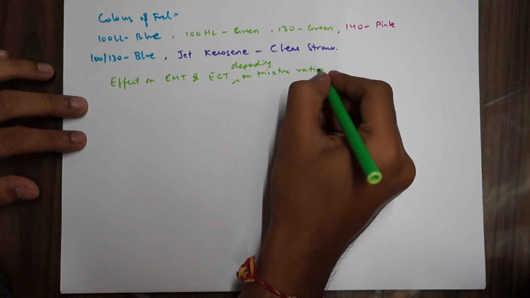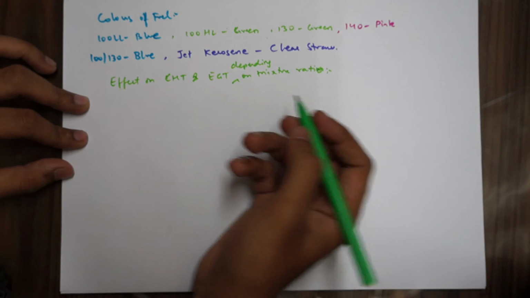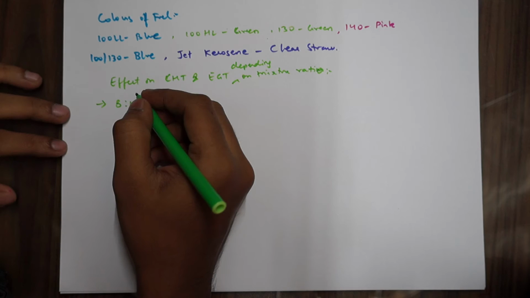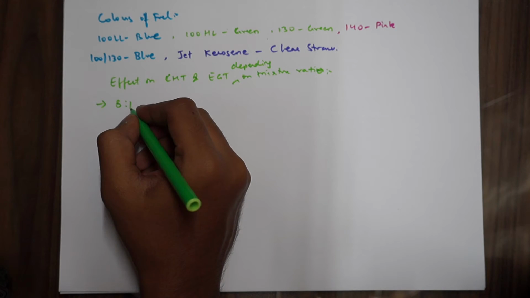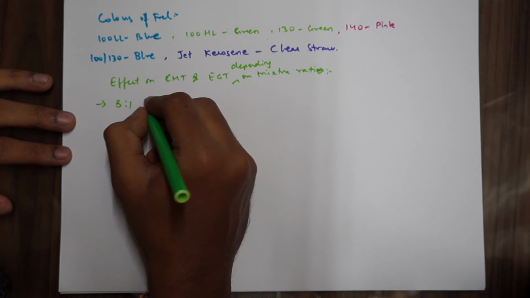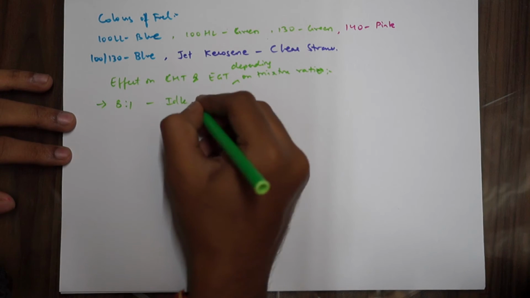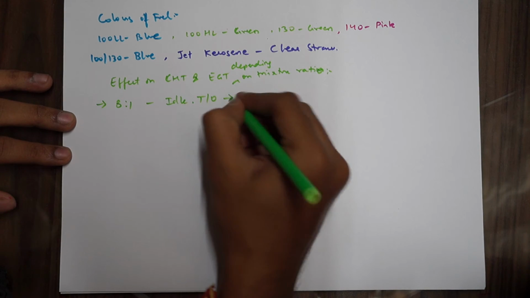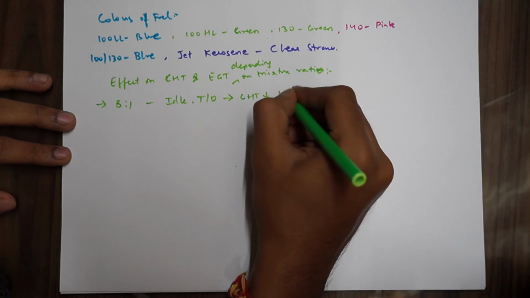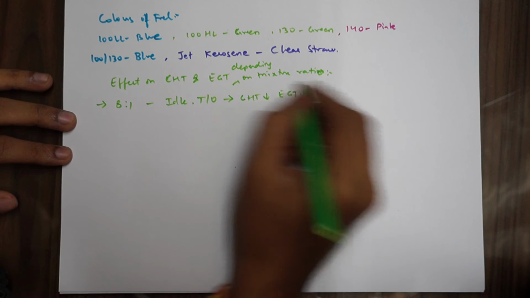What happens to your CHT? Suppose you have 8:1. If you recollect, this is a rich mixture, generally used at idle or takeoff, right? In this case, your CHT is low, and EGT is also low.